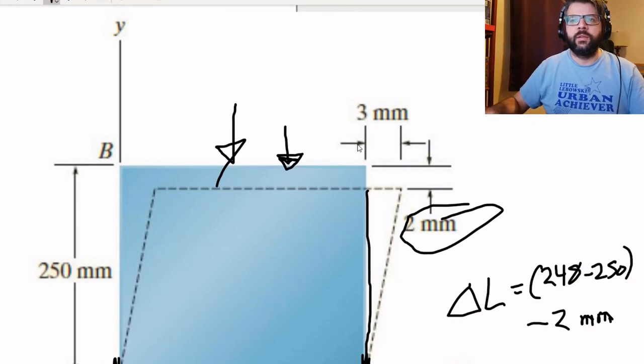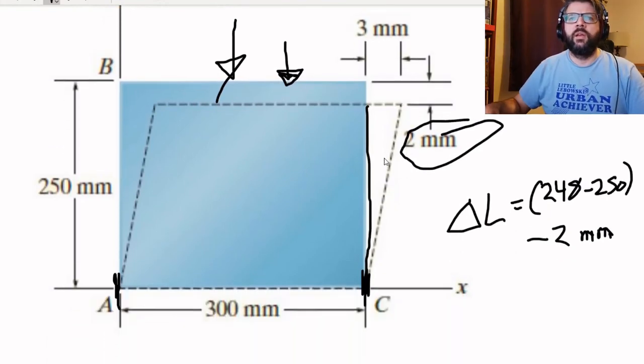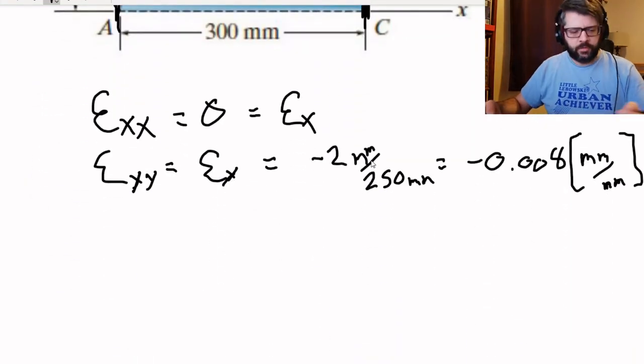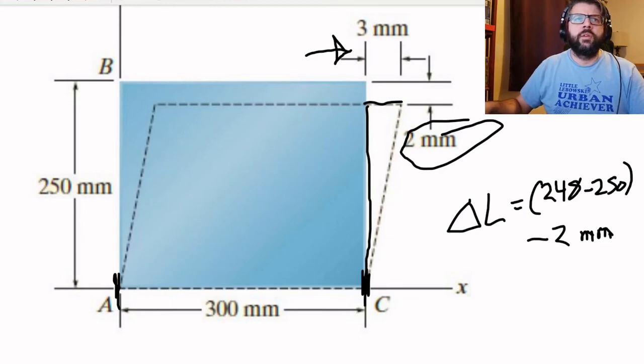So we're left with, just keep in mind that we are going to be working based upon the 3 millimeters. That is going to be a positive shear strain because the angle in the bottom left corner gets smaller, or the angle in the top right corner gets smaller.